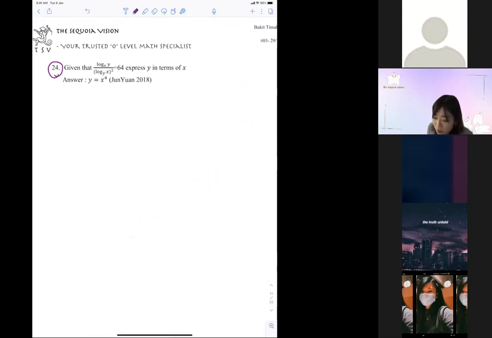Remember, try to make the base the same. Okay, the base must be the same. One is x and one is y. You must change one of them. If I'm you, I change the one without the power.